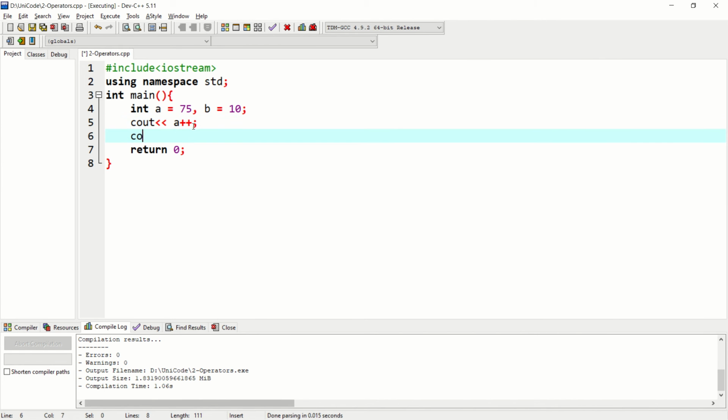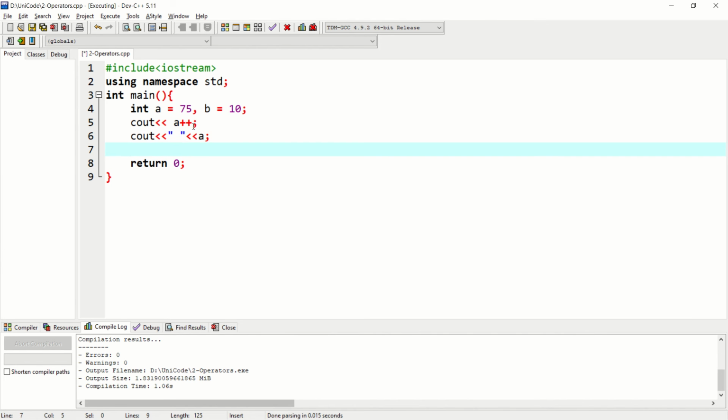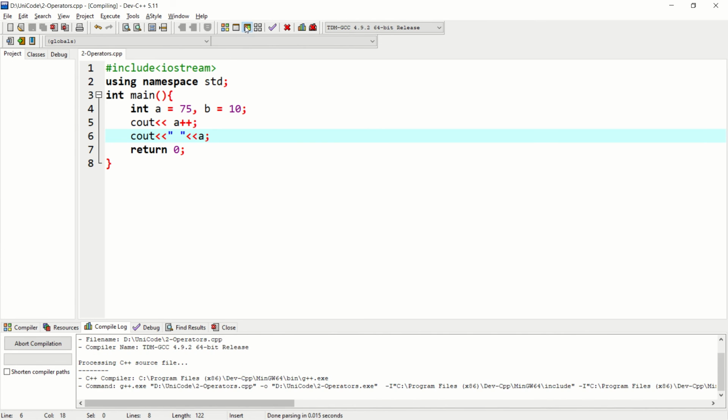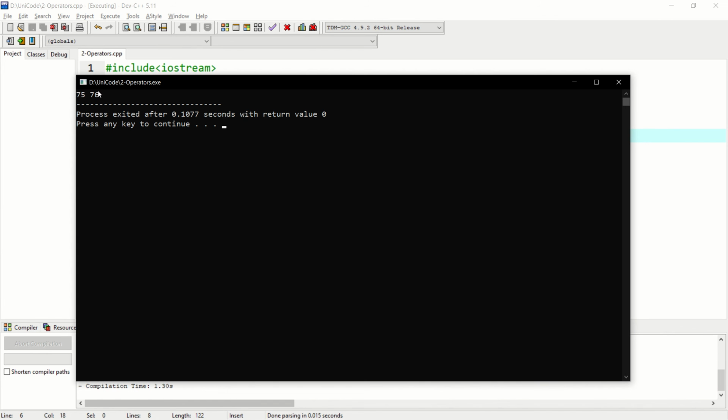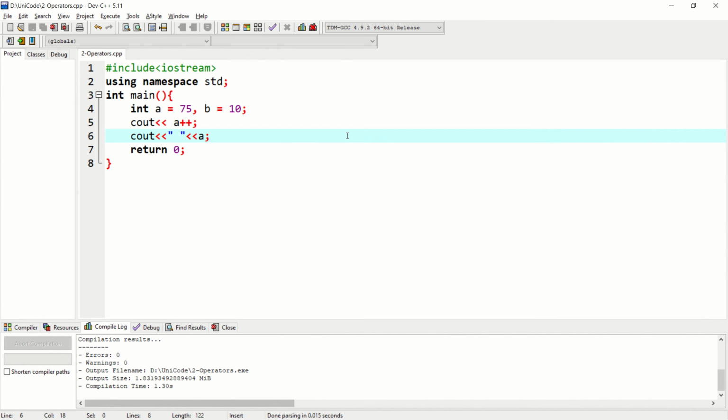Even if I write a cout here, after the a plus plus assignment, we can see this. There was a 75 and a 76. This is the difference between pre-increment and post-increment. Pre-increment means first increase the value of the variable and then use its value.